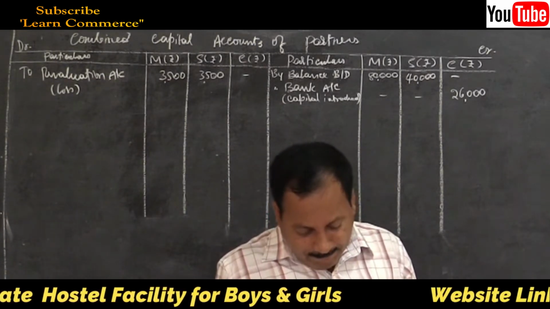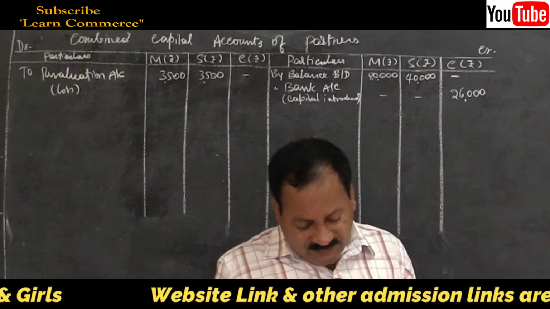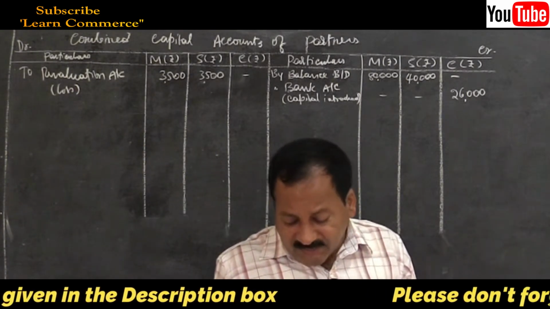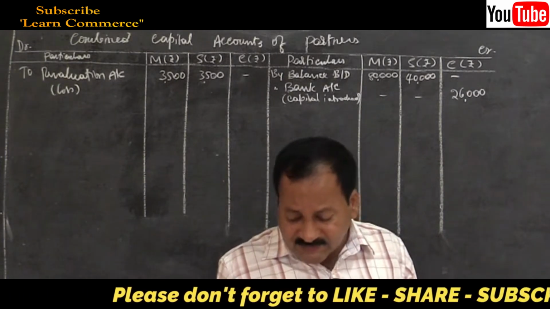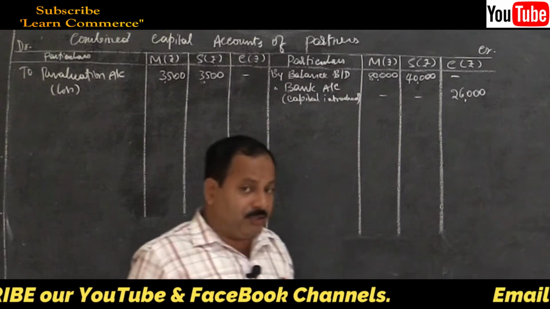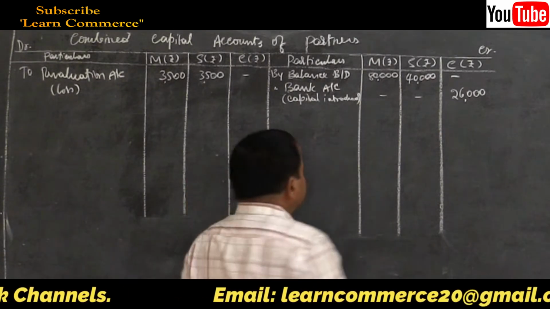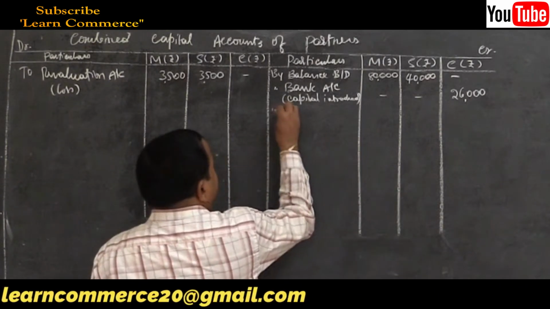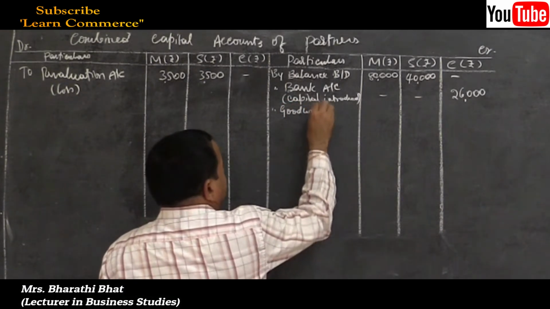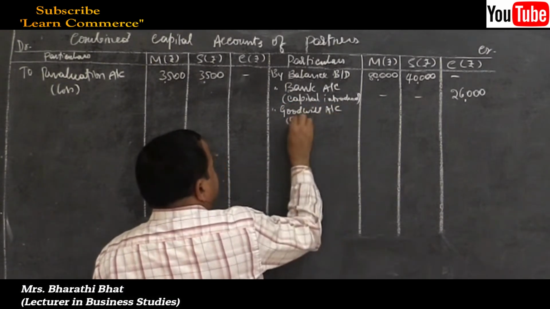Then goodwill, isn't it? So goodwill, we have to create goodwill to the extent of how much? 14,000 should be retained in the business. So goodwill account debtor to old partner's capital account. So old partner's capital account is credited by goodwill account created.